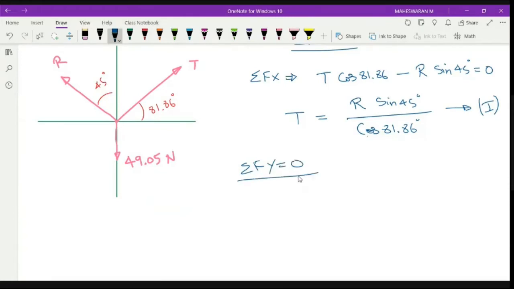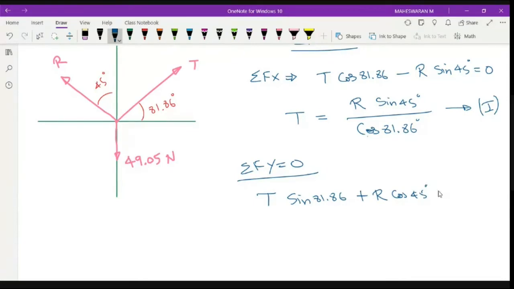Right, now sigma Fy is equal to 0. Let me equate sigma Fy to 0. So what will you get? Bringing this T to y-axis, positive, the angle is increasing, so T sine 81.86. Bring R to the y-axis, the angle is decreasing now, plus R cos 45 degree.